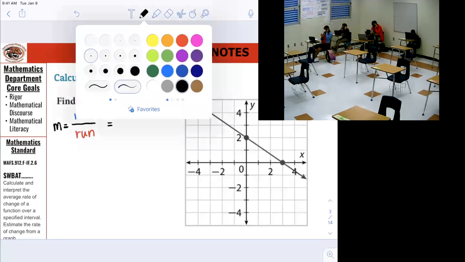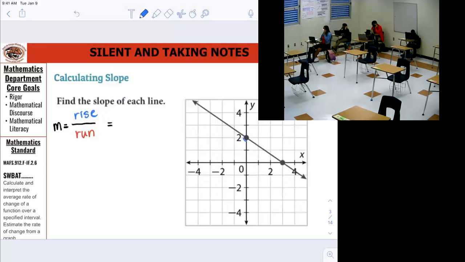Now in this case, if I'm starting at this dot, would I have to go up or would I have to go down to get to the other dot? Down. Yeah, I would have to go down because if I'm trying to get from here over to here, I need to go down instead of up.